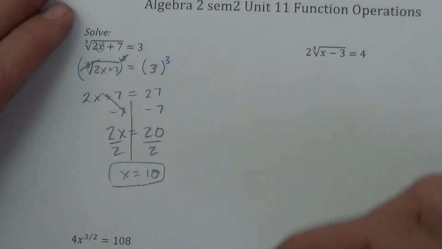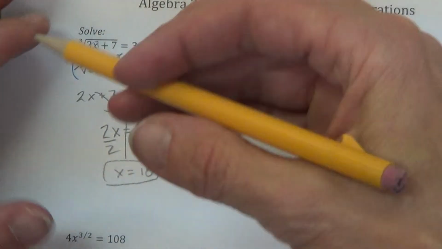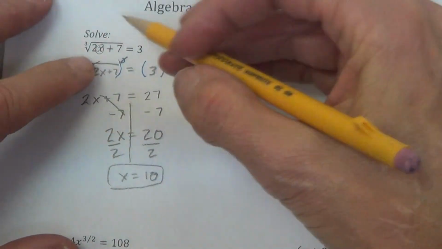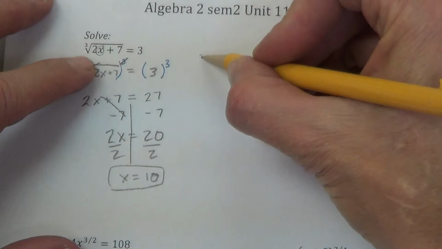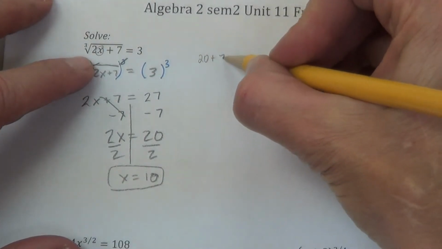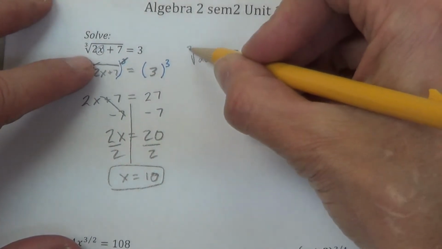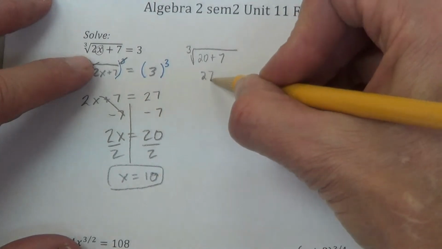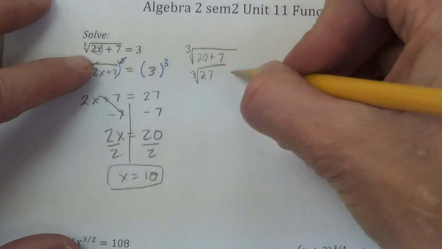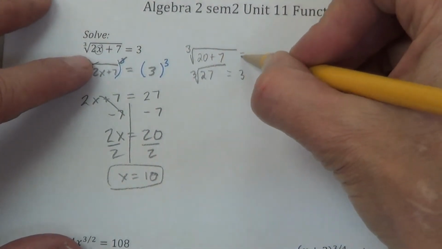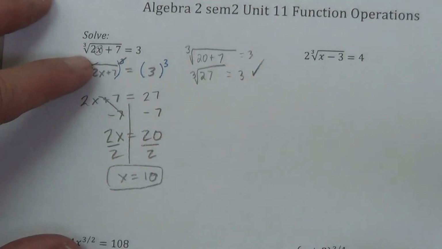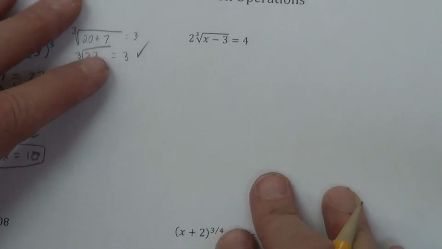Let's check that real quickly. 10 put into this equation: 2 times 10 would be 20, plus 7 would be cube root of 27, and we all know the cube root of 27 is 3. So that does check.